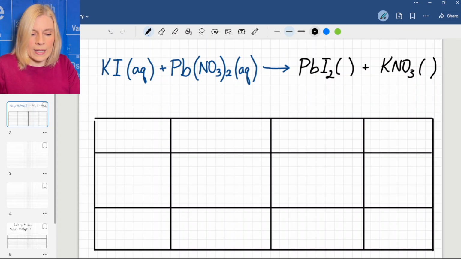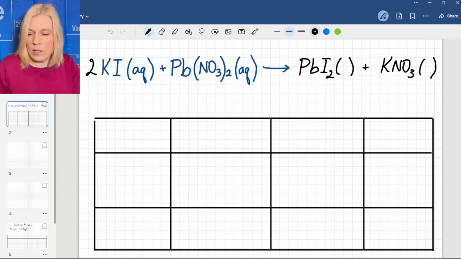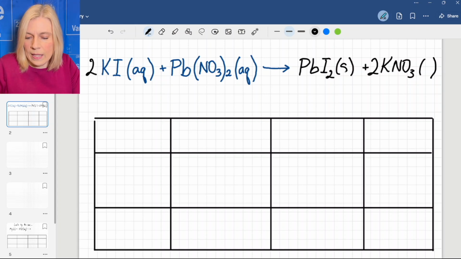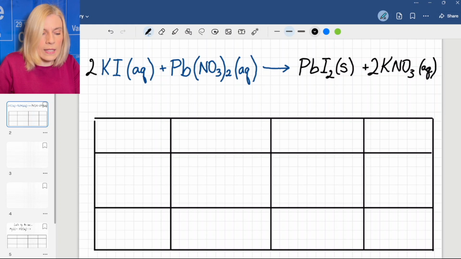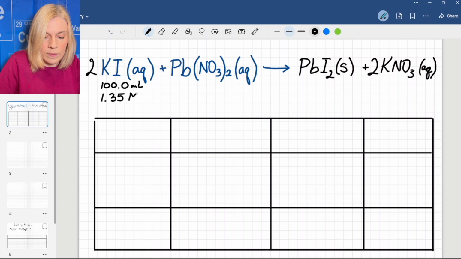We're going to balance our reaction. We need 2 right here and we need 2 right here. And we're going to look at our solubility rules to determine what is the solid, what's aq. Lead 2 iodide will be solid. Potassium nitrate will be aq. Okay, this is our setup. We're going to get 100 milliliters of potassium iodide solution, and it will be 1.35 molar.